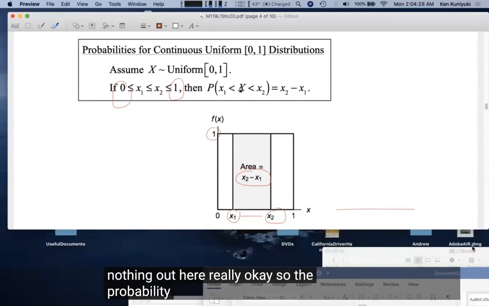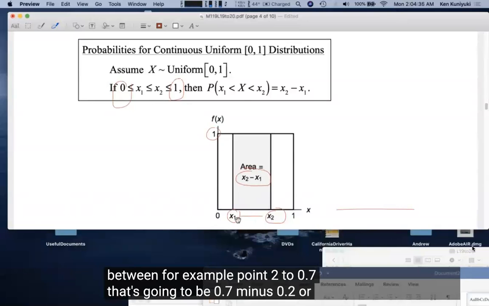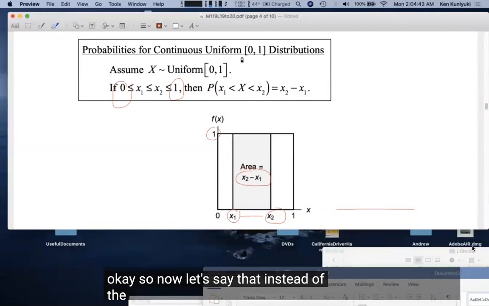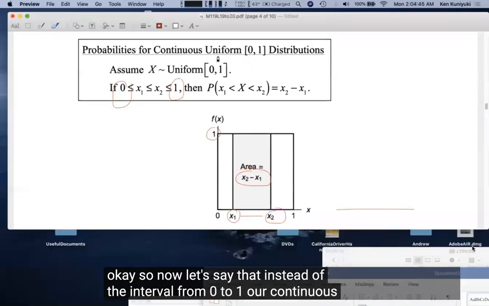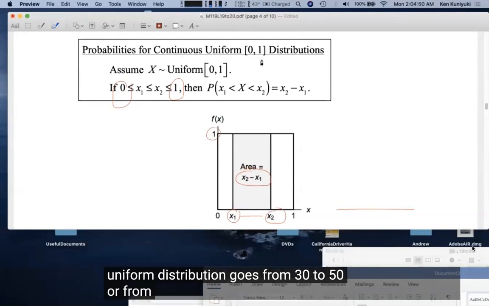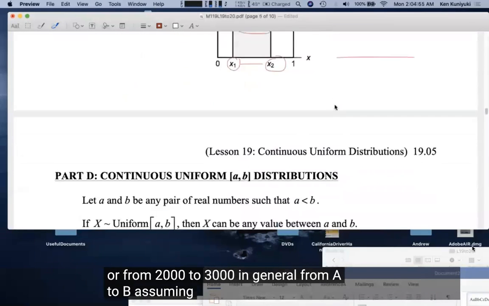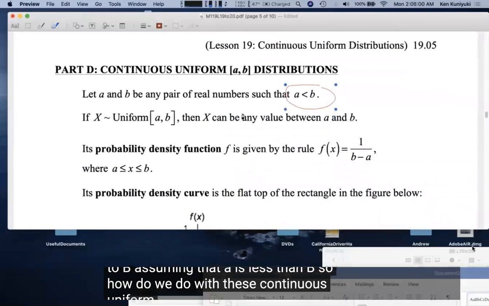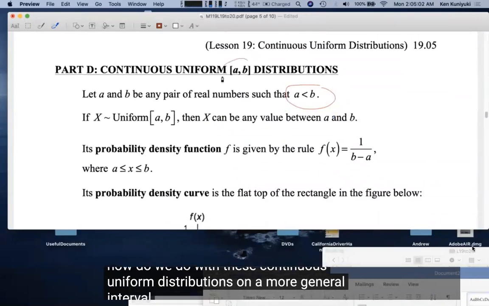Okay, so the probability that x takes on a value between, for example, 0.2 to 0.7, that's going to be 0.7 minus 0.2, or 0.5. Okay, so now let's say that instead of the interval from 0 to 1, our continuous uniform distribution goes from 30 to 50, or from 2,000 to 3,000, in general, from A to B, assuming that A is less than B. So how do we deal with these continuous uniform distributions on a more general interval?